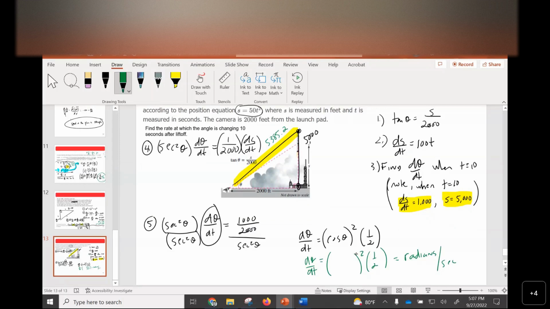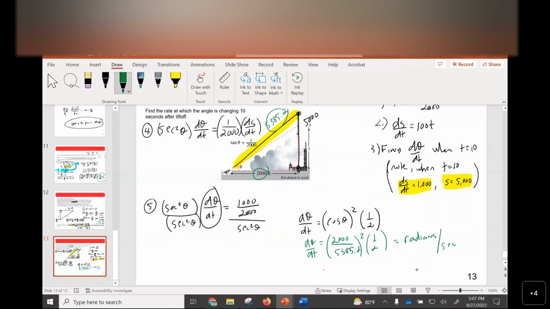And the cosine is going to be adjacent over hypotenuse. 2,000 divided by 5,385.2. If you plug that into your calculator, and let's round to 3 decimal places, 0.069 radians per second.